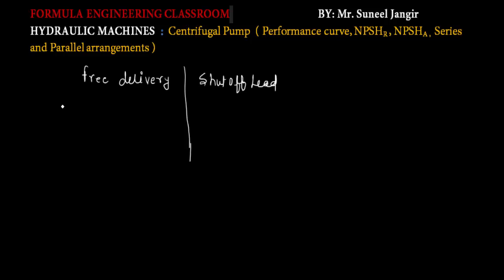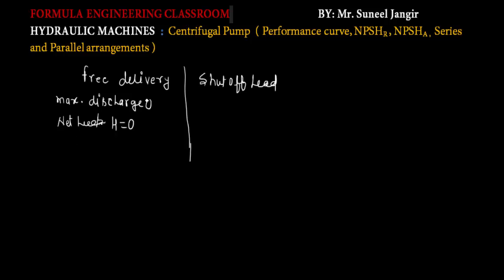So what is free delivery? Free delivery is the maximum discharge provided by the pump, and this maximum discharge occurs when the net head H equals 0.